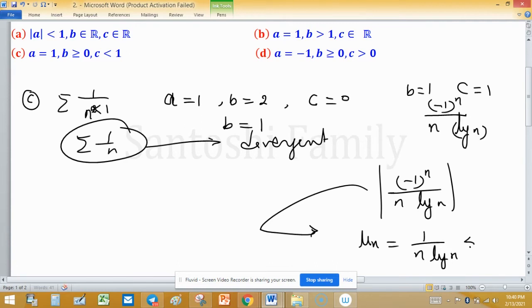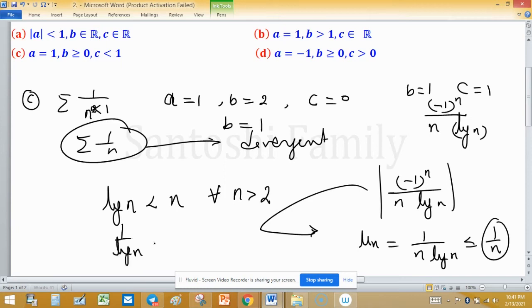And this is less than or equal to 1 upon n, and this is divergent. Or you can say, because log n is less than n for all n greater than 2, then 1 upon log n will be greater than 1 upon n.